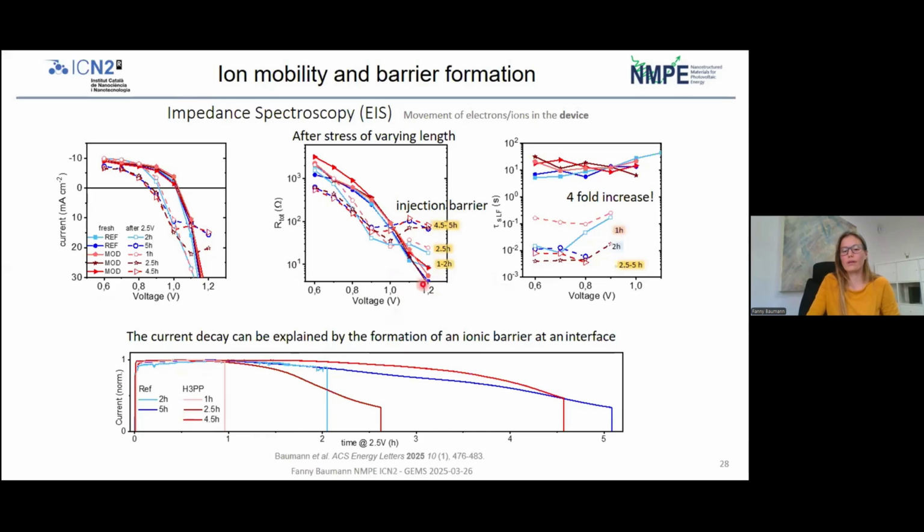And this is happening more and more the longer we subject the perovskite solar cells to the bias. Interestingly, we also see that the low frequency time constant tau from the impedance spectroscopy is increasing fourfold. And this really indicates that as the perovskite lattice has expanded, the ion mobility of the devices is a lot higher.